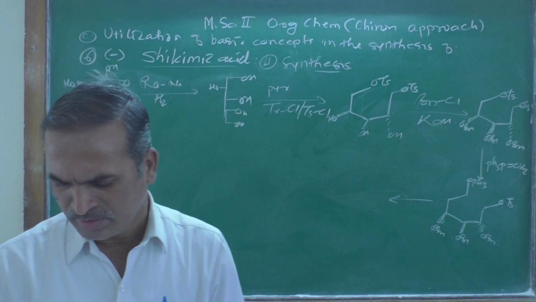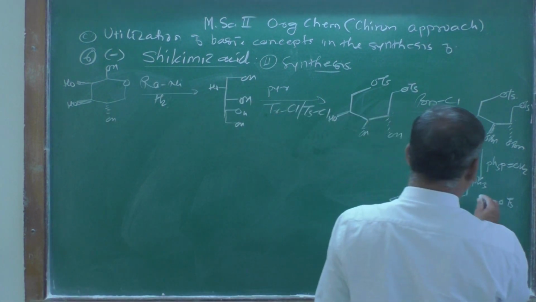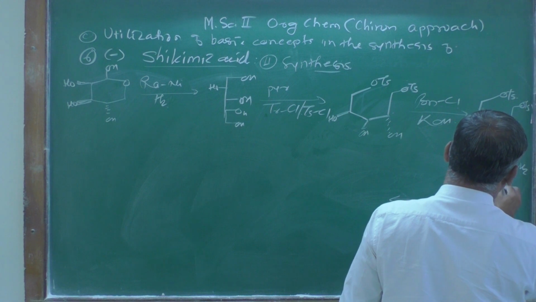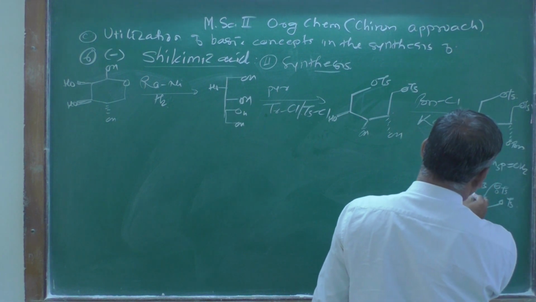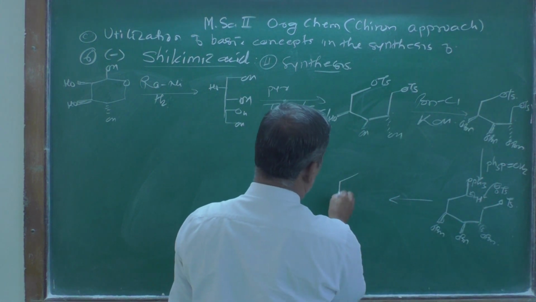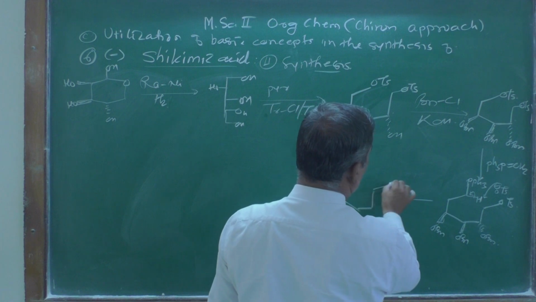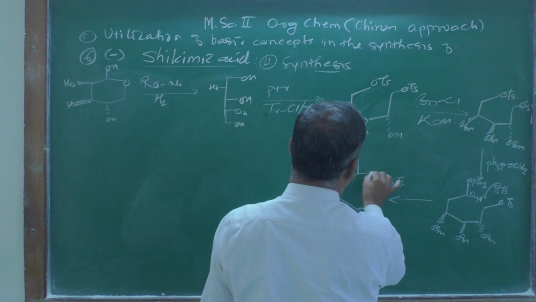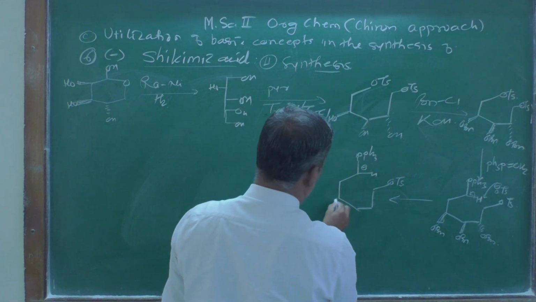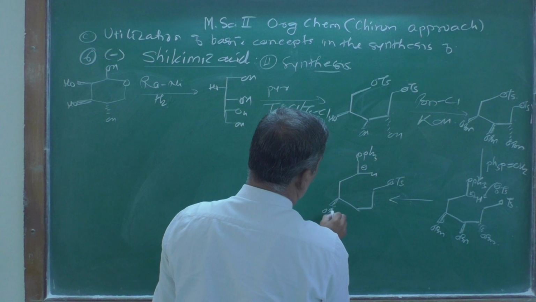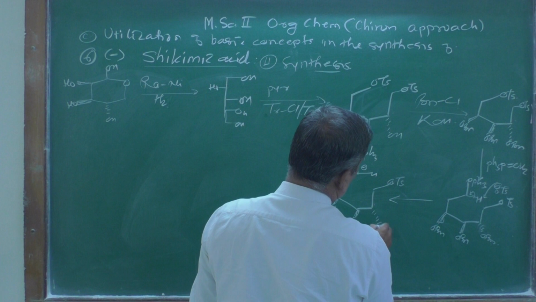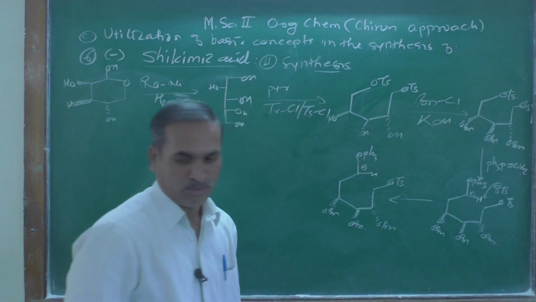And now this proton gets abstracted by the OTS tosyl group like this, and there will be formation of a negative charge, so that you are going to get the product. This OTS remains as it is, here Ph3P with a minus charge over there, and the others remain as they are, OBn, and this also OBn, and this OBn is below the plane.